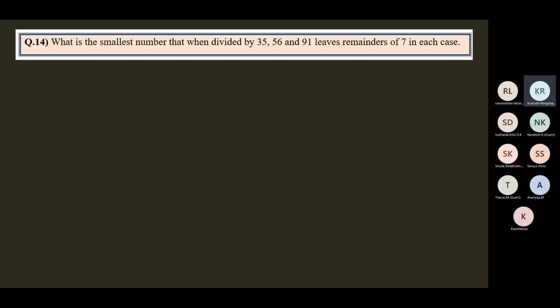Clearly, you have to find the numerator, which is the LCM. LCM means first find the LCM of 35, 56, and 91.